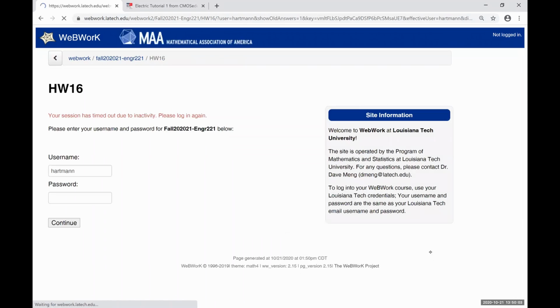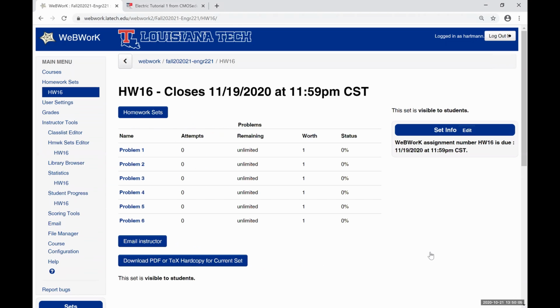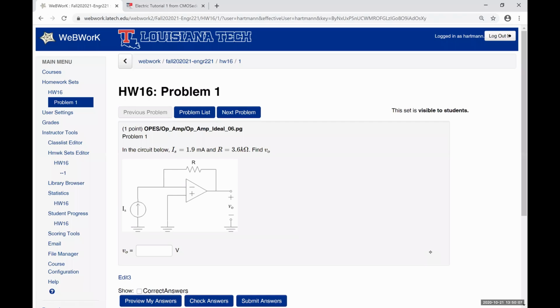So let's look at the web work problems real quick, just to explain kind of how easy these things are going to be. So for this first problem, what is the voltage present at the non-inverting input terminal? Zero, because it's connected to ground. So that means if this voltage is 0, then this voltage right here is also 0, right?